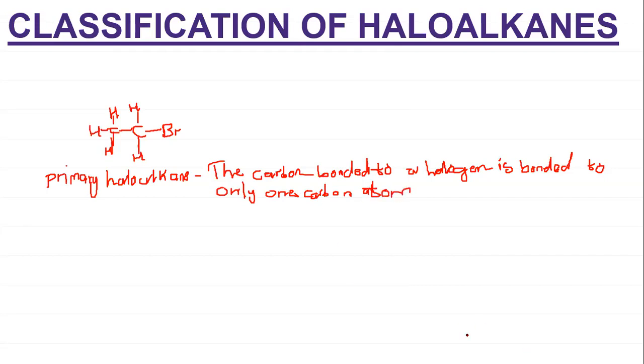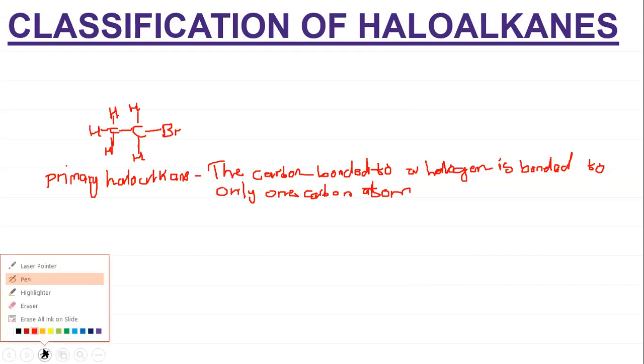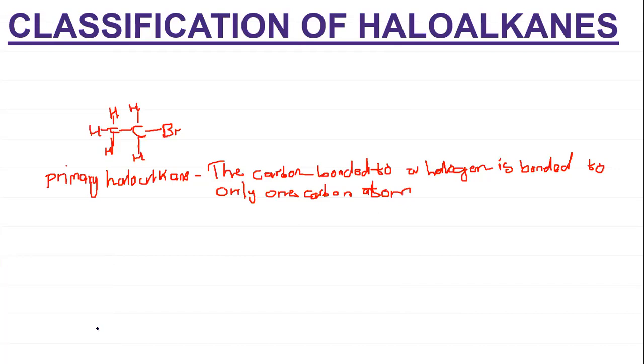Right. So to classify a haloalkane as a primary haloalkane, you first go and look for the carbon that is bonded to the halogen. Can you see? This is the carbon that is bonded to this halogen.